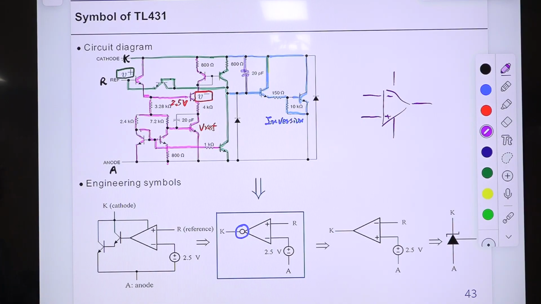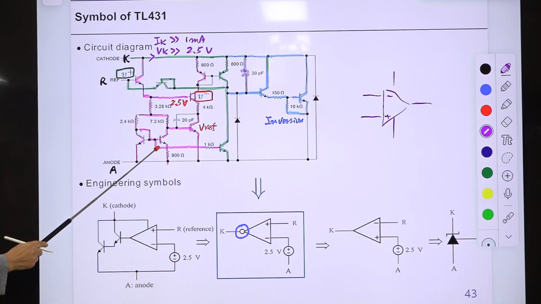There is no energy source here, so the external bias circuit should provide a DC current IK, which should be sufficiently larger than 1 milliamp, and this VK should be sufficiently larger than 2.5 volts, which is the same as this reference voltage, a specially designed reference voltage.